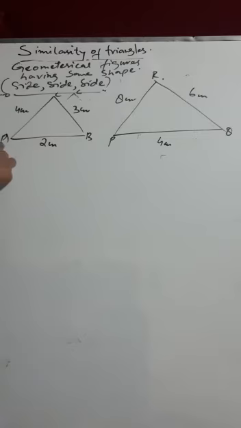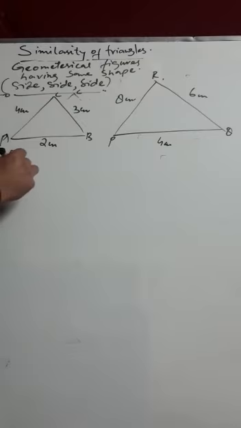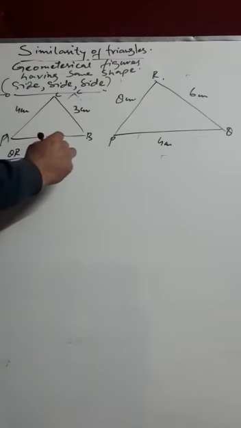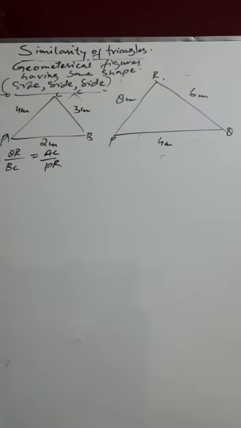So AB by PQ, BC by QR, AC by PR. Instead of AB, we will write 2. Instead of PQ, we will write 4.